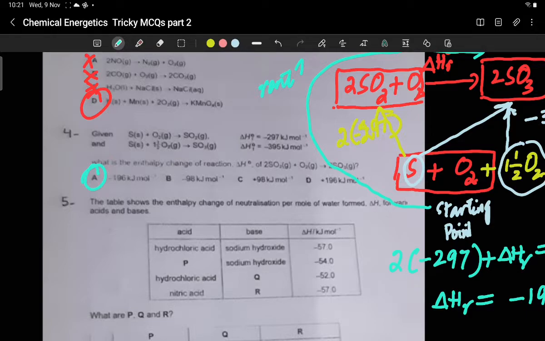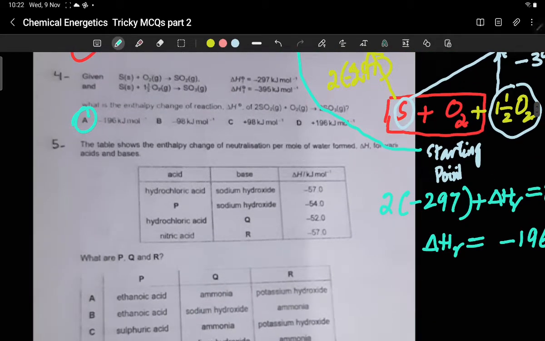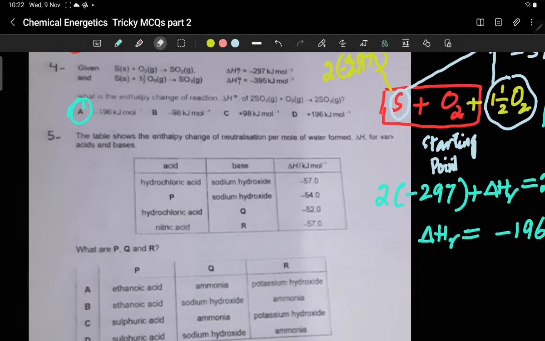Next question, question number 5. The table shows the enthalpy change of neutralization per mole of water formed, delta H, for the reaction of acids and bases.